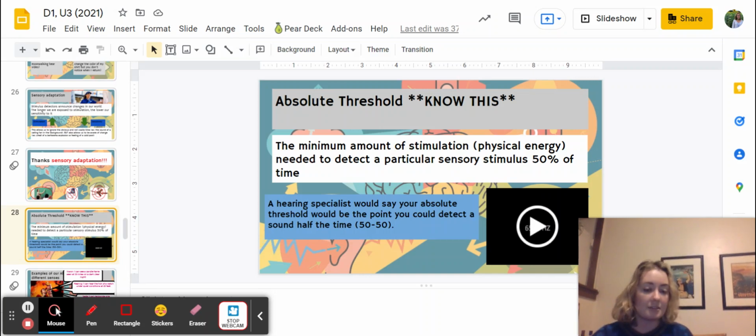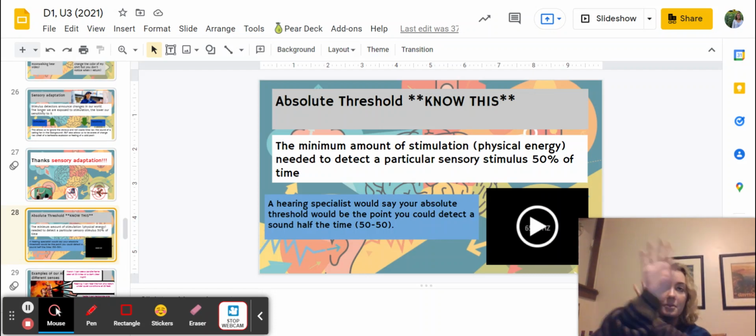As it gets quieter and quieter, your absolute threshold is the last point where you can correctly identify a sound that's probably really quiet at least 50% of the time. Once you go below your absolute threshold, you're probably not able to hear it, or at least hear it correctly 50% of the time.